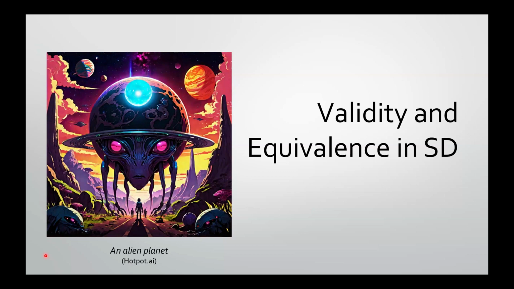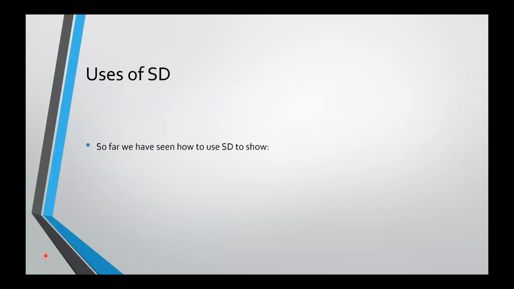In this video, we're going to look at some other uses of SD besides just demonstrating entailments and theorems, which is what we've done so far. We've shown that sets entail sentences.